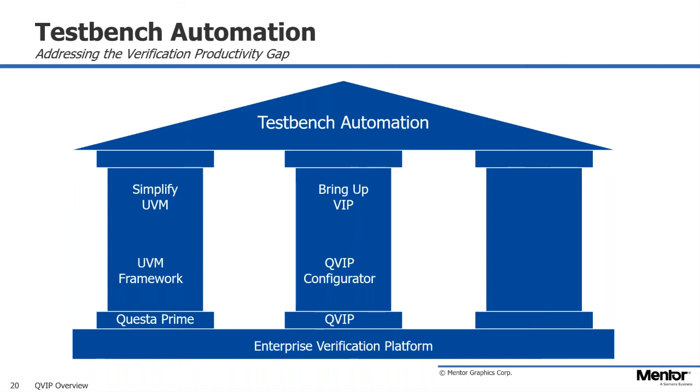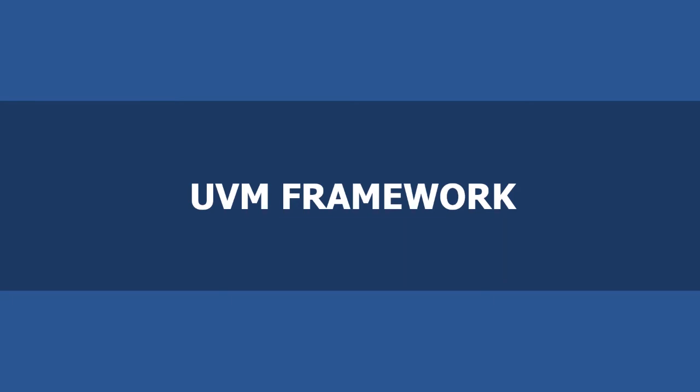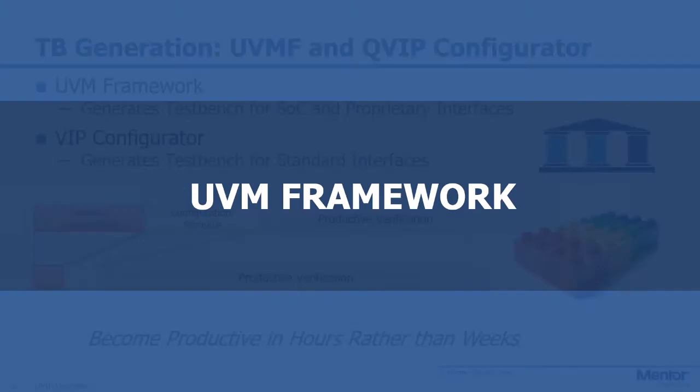We've had good response from customers saying this makes bringing up this VIP much easier. And then finally, there is the Questa inFact for the portable stimulus. So let's talk a little about this UVM Framework and what it is, because in order to use the VIP, you do need to create a UVM environment.